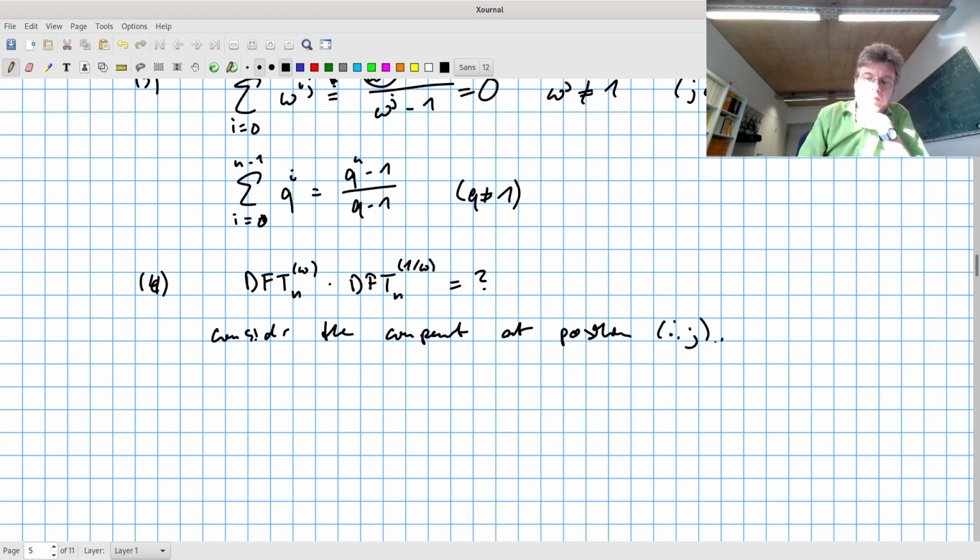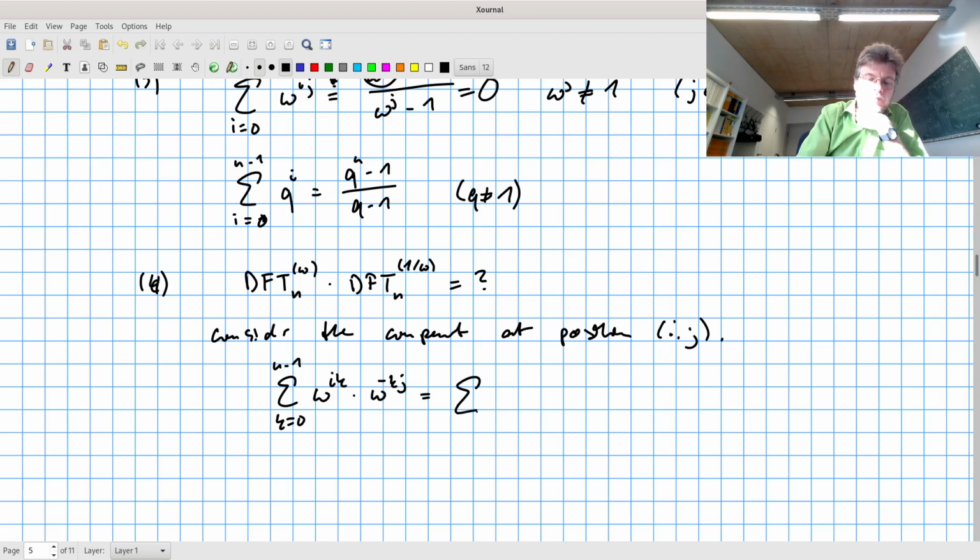By the way you multiply matrices, you can say this is a sum over k from 0 to n minus 1 of omega to the ik, because that's the ikth entry of this matrix, times omega to the minus kj, because this is the kjth entry of this matrix.